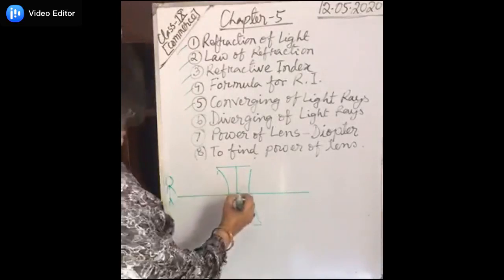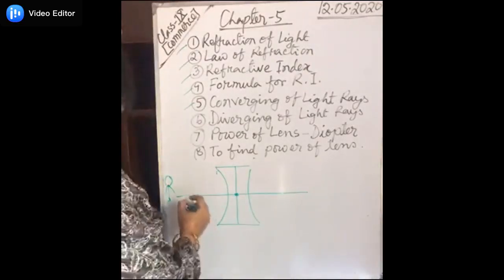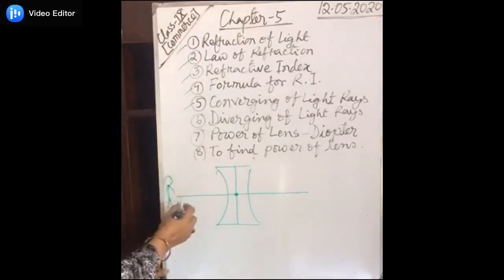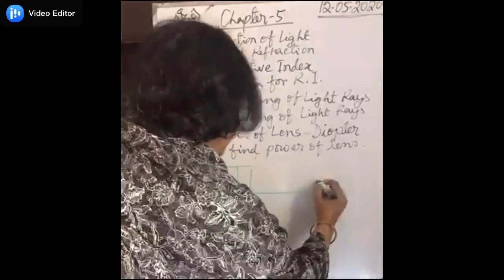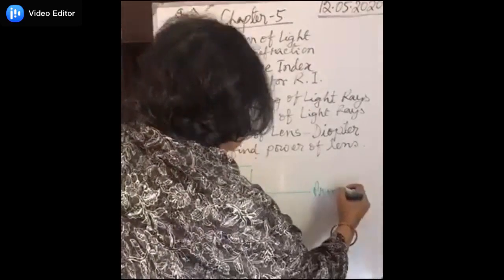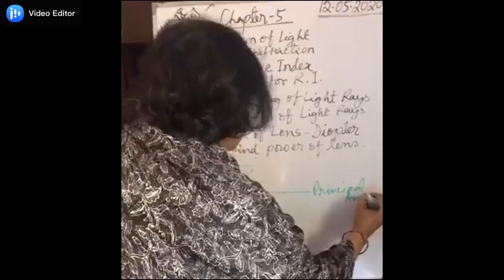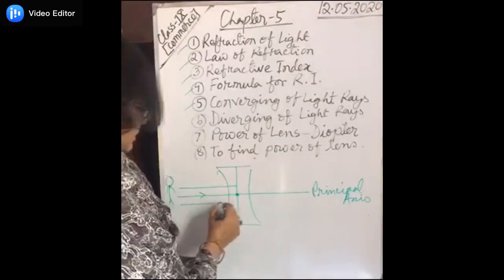Okay, think this is the optical center. The line passing through this is the principal axis, and the rays of light fall from the object. What happens? All the lights are falling parallel.